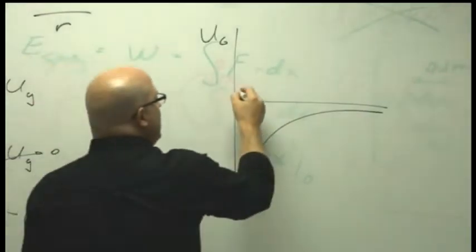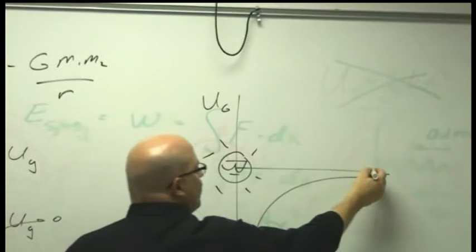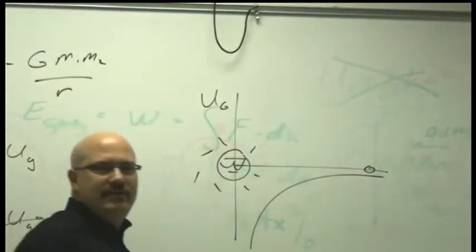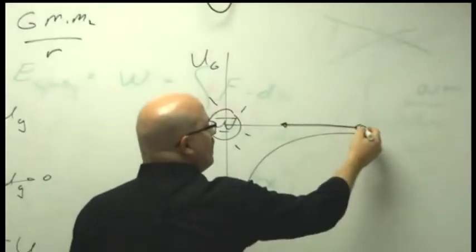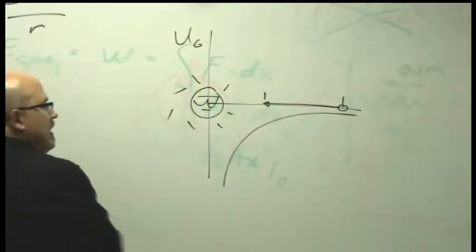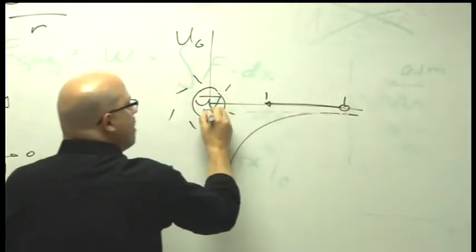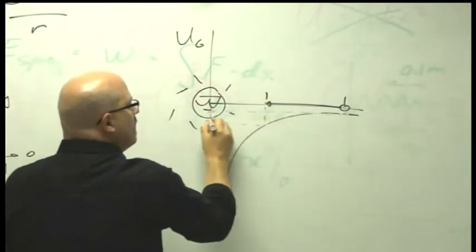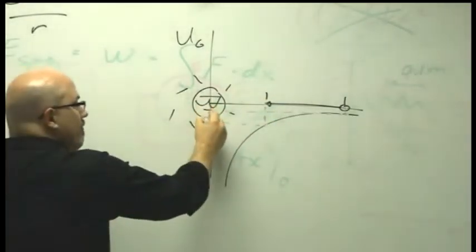So let's say here's our planet, our sun. Here's our planet out here, and let's say we just drop that planet. And so the planet falls this way, right? From this radius to this radius. What happens to its potential energy? It begins here, and it goes towards here. Do you see that it goes towards more negative?